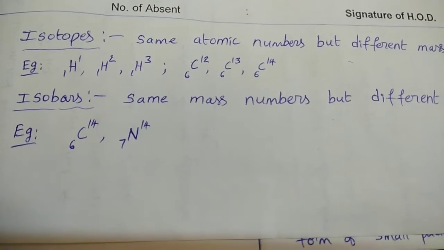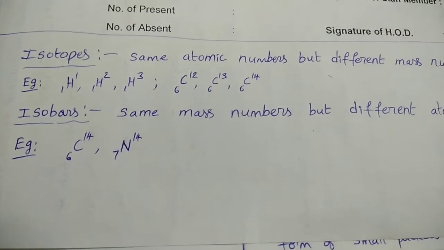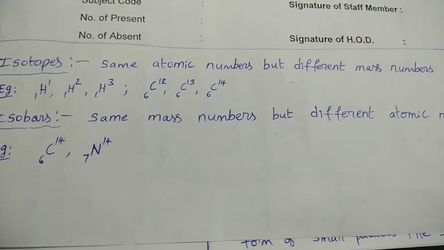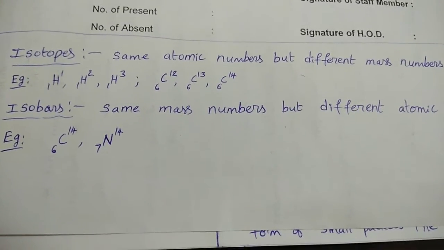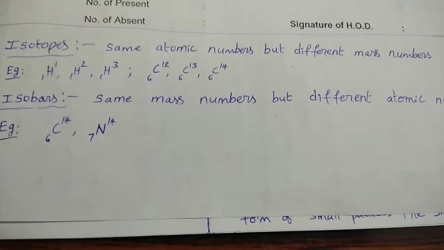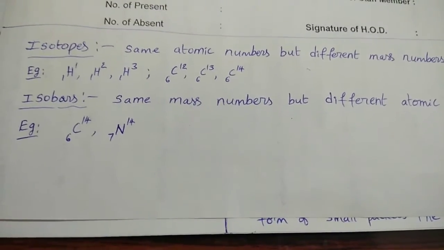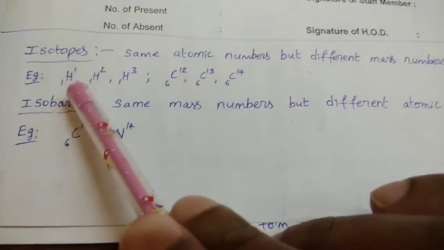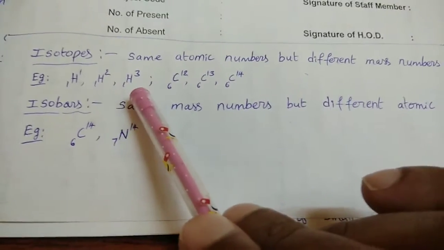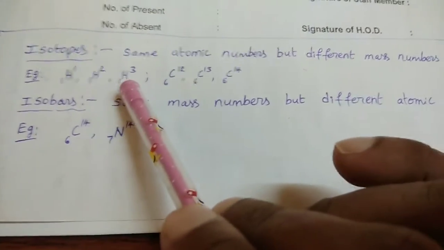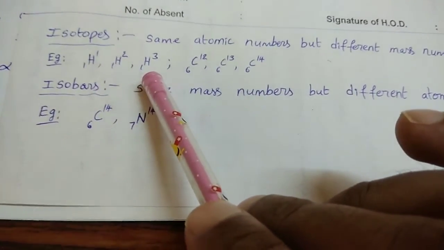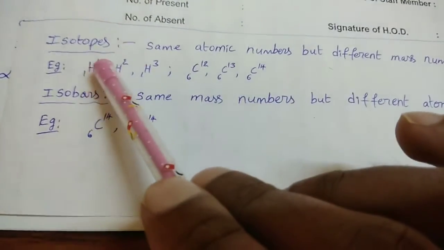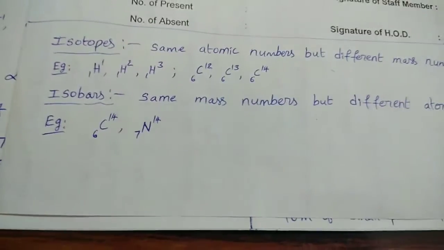Next, isotopes and isobars. Isotopes have the same atomic numbers but different mass numbers. Atoms of the same element having different mass numbers are called isotopes. Say the example H11, H12, H13. The subscript positions indicate atomic numbers. The superscript positions 1, 2, 3 represent mass numbers.